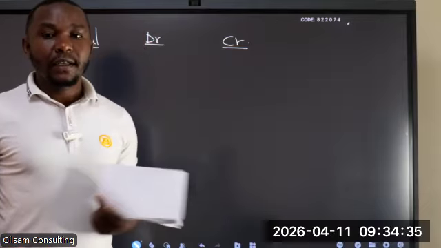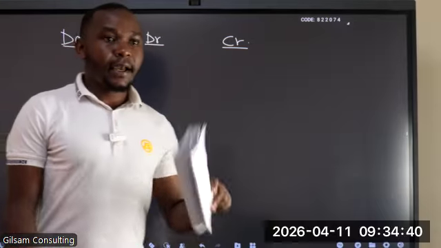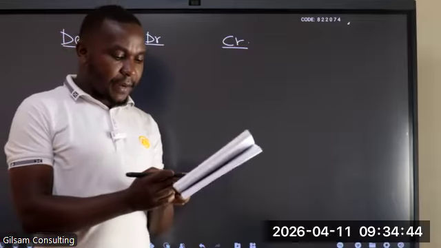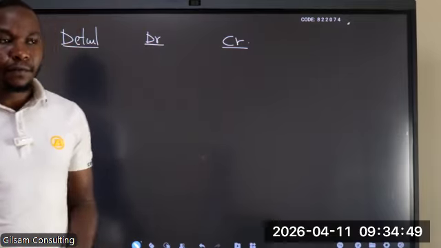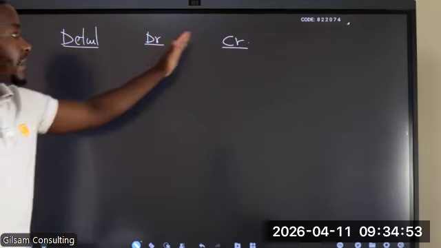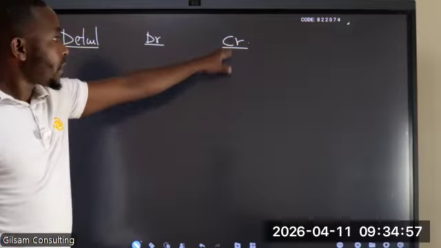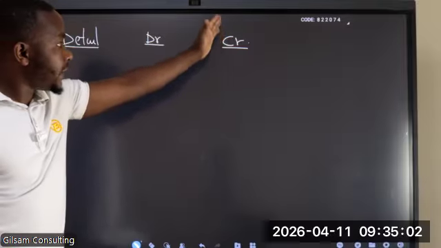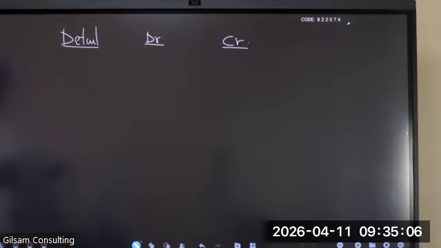Discount allowed is an expense, and anytime you increase an expense, you should debit. So this guy has credited. This is the error of principle. So the credit side has been overstated, because they credited in the cash book and also in the discount allowed.